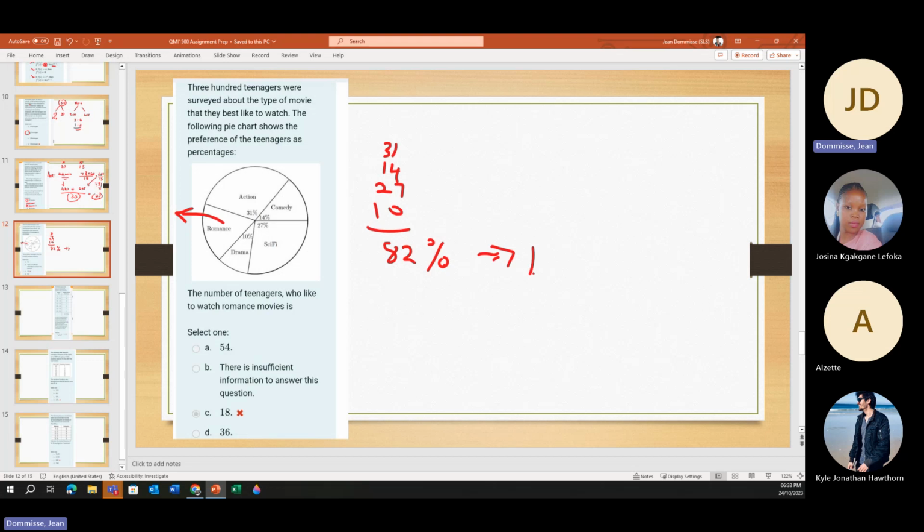So what is left is 18%. So 18% times 300 will give us the number of teenagers. So 0.18 times 300 is 54. Okay, option A. Okay, happy with that? Cool.